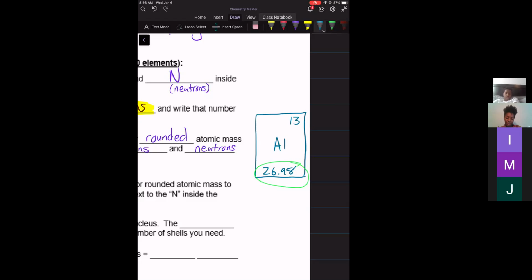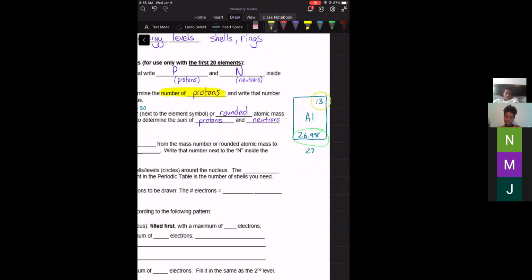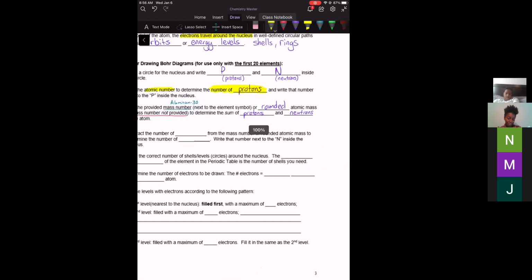It would be 27. So then I would use the 27. And this is just to calculate protons and neutrons. Now we already know protons because we know that this number right here tells us protons. So then we'll talk about how to get neutrons. You guys know how to get neutrons, but we'll go over it again.